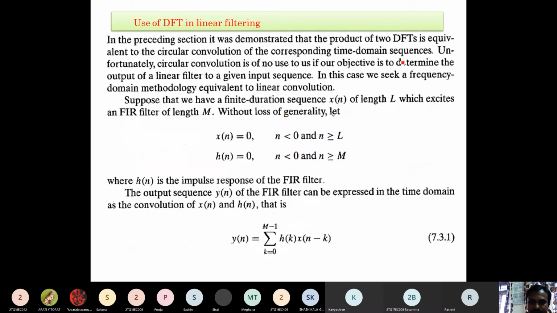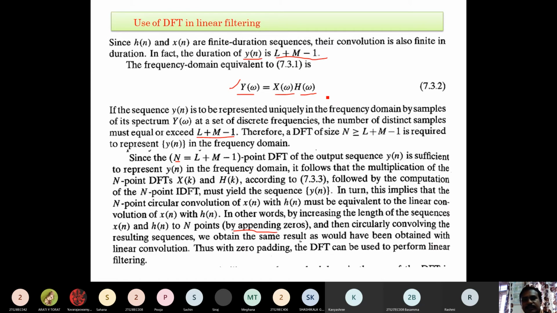In the time domain, y of n is equal to summation k equal to 0 to M minus 1 of h of k into x of circular shifted n minus k. If instead of a small length, L is 3 and M is 4, I take L is 1000 and M is 2000, is it possible to perform that manually?